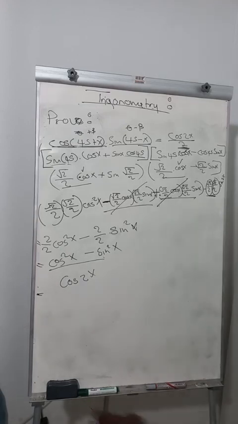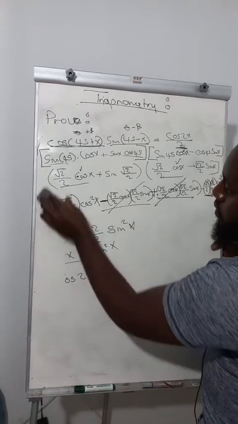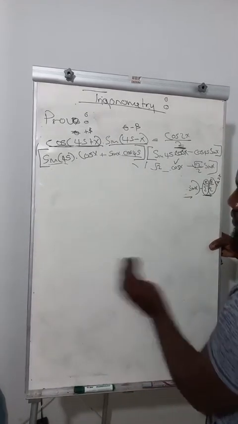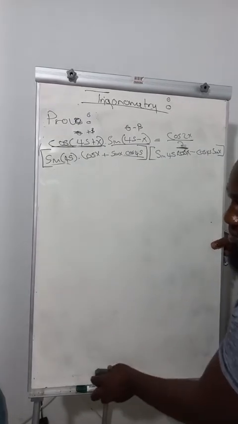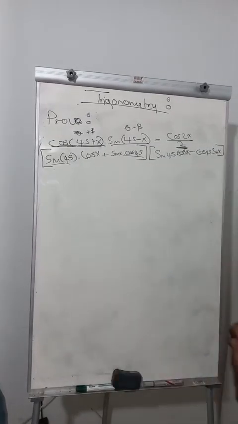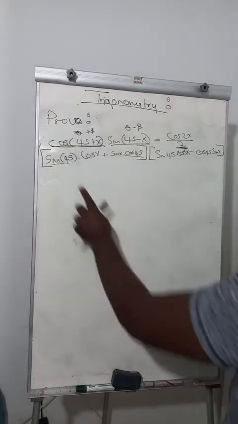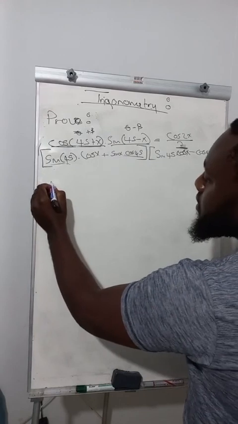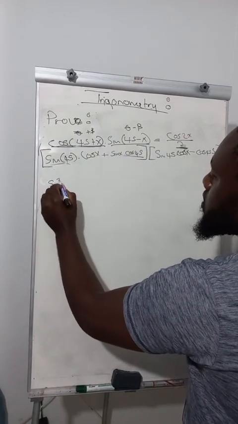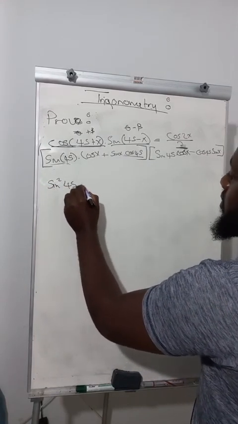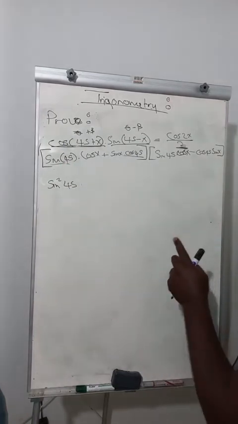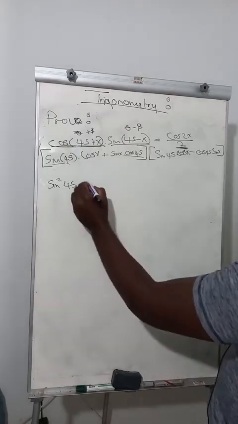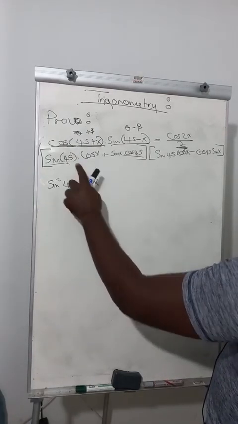Okay, I think I see. Let me rub this. I think from here now, what I needed to do was to say this and this will give me sine squared 45. Then this will give me sine squared 45 multiplied by cos x.